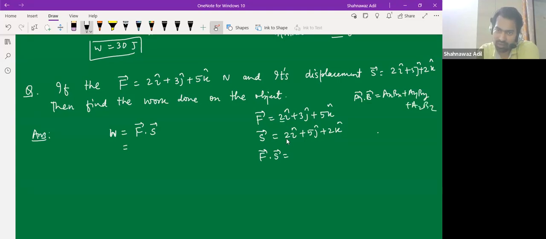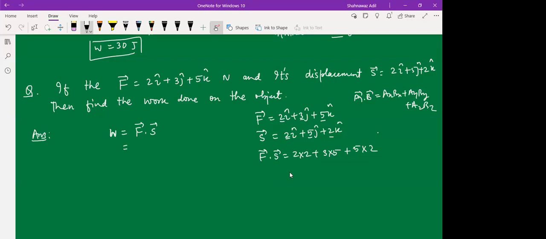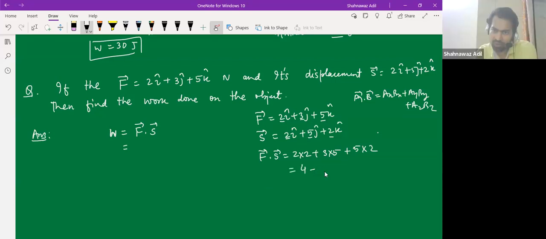So AX BX, then AY BY, and then AZ BZ, right? Everyone, is this clear? So this would be 4, 15, and then 10. So this would be 29.